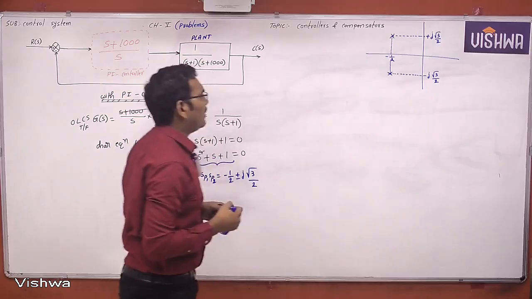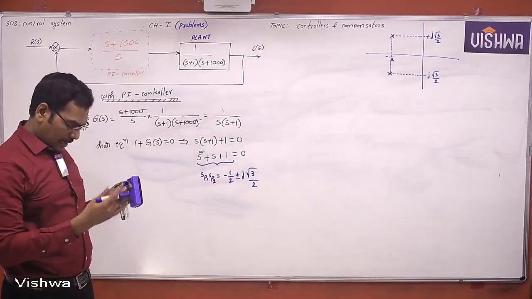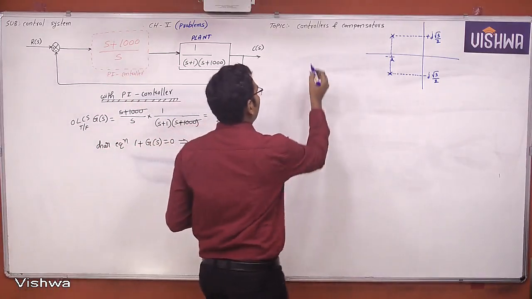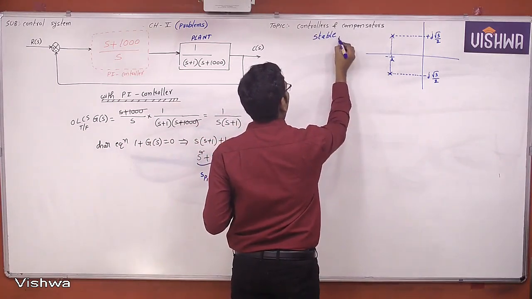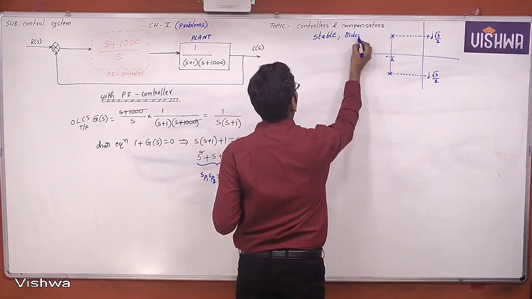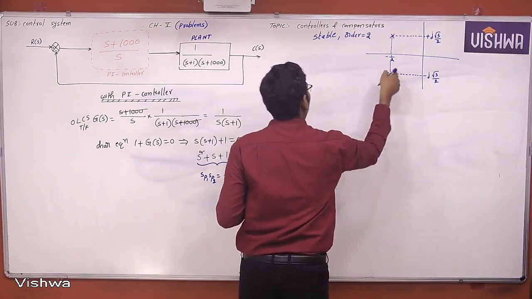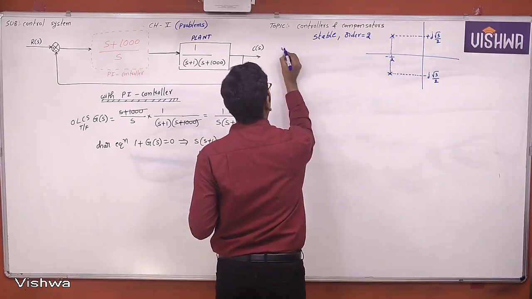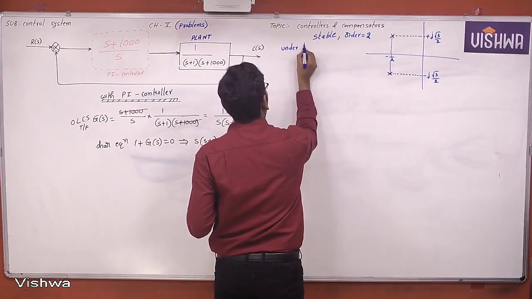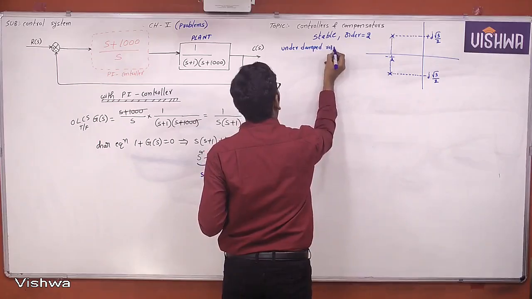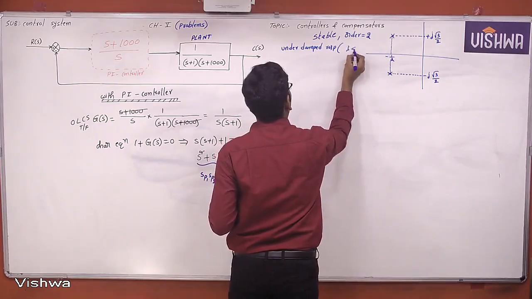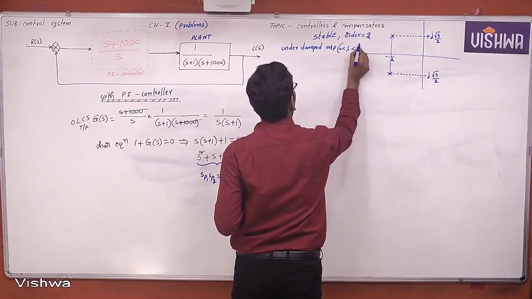Now you can easily find all the parameters. The poles lie on the left hand side of the S-plane, so the system is stable and of order 2. Complex conjugate poles mean an underdamped response, when the damping factor zeta is less than 1 and greater than 0.